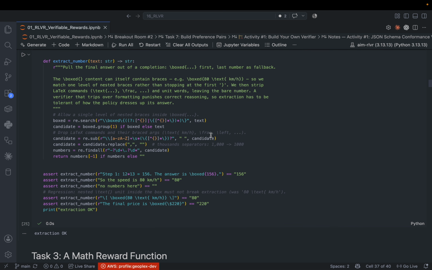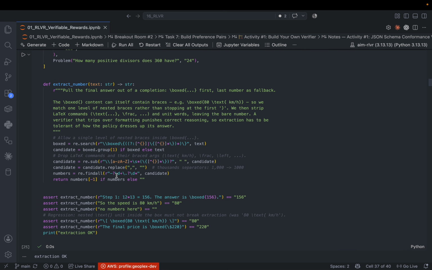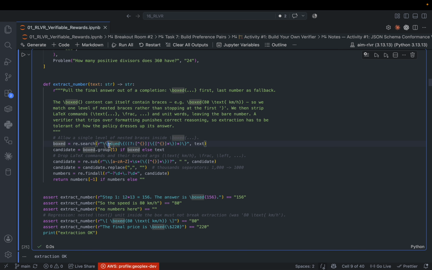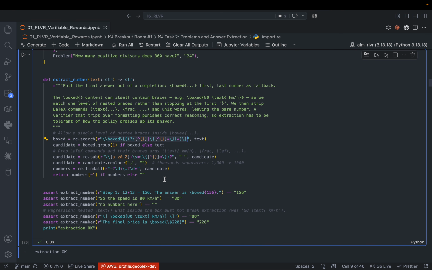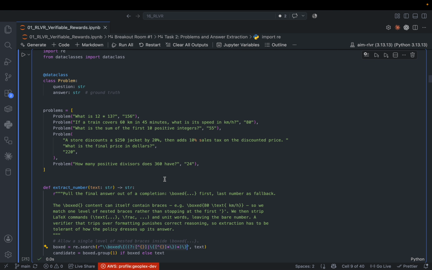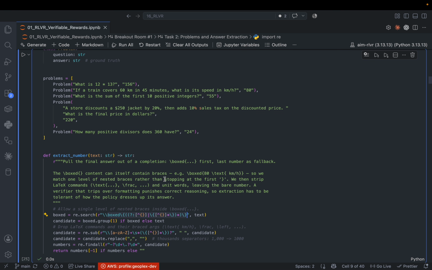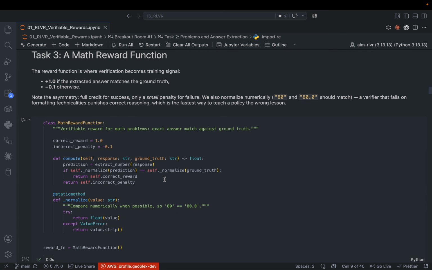On top of that, we make sure that the final answers given sit inside this boxed nomenclature. That helps us find the final answer, but also see the working out.